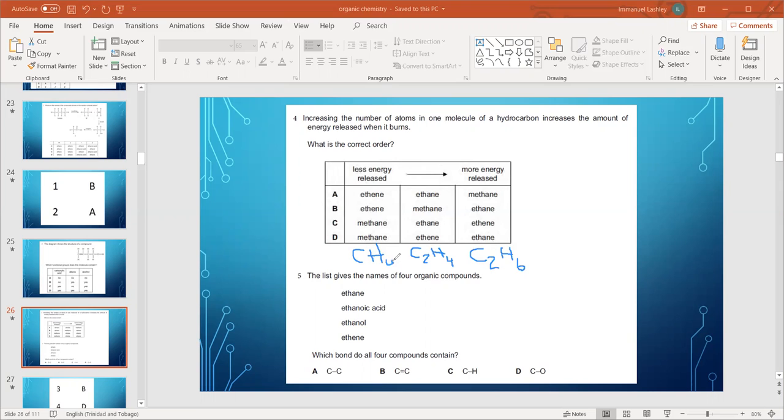All right. So the amount of carbons and hydrogens is increasing as you go from methane to ethene to ethane. So the answer should be D as in dog.